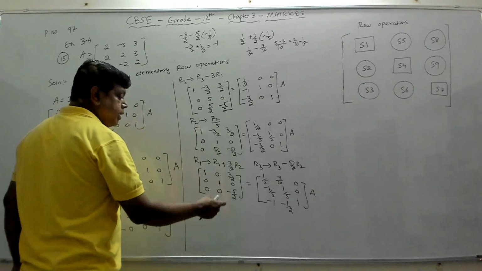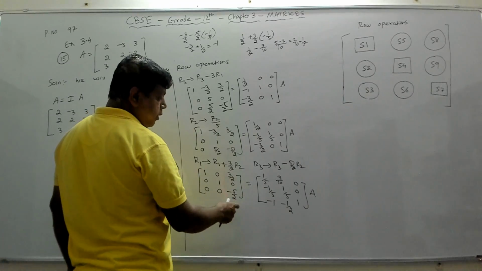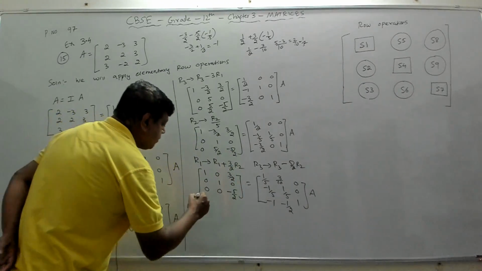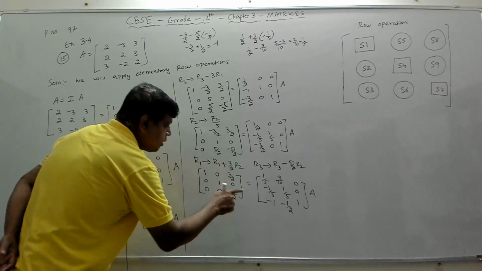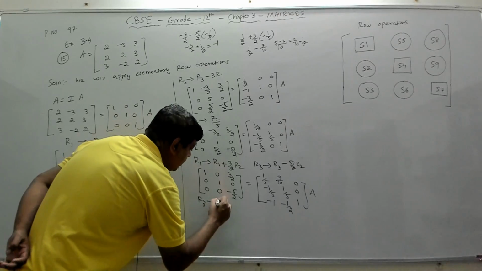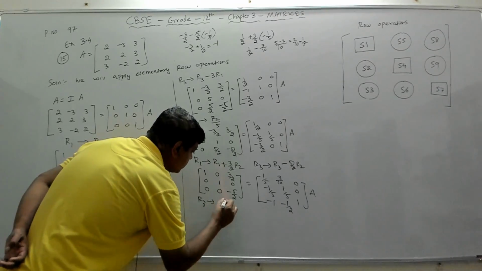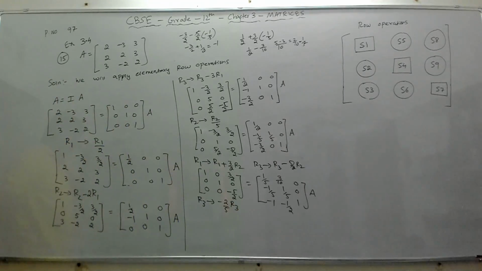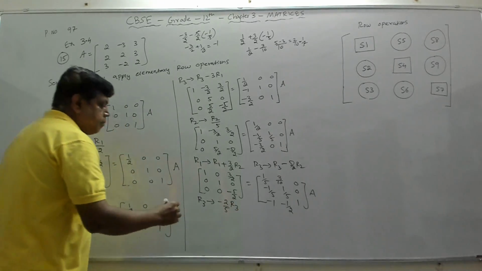So how will you make this row 3 element minus 5 by 2 as 1? I will multiply this with minus 2 by 5. So row 3 implies minus 2 by 5 of row 3. If I multiply each element by minus 2 by 5, then what do we get?